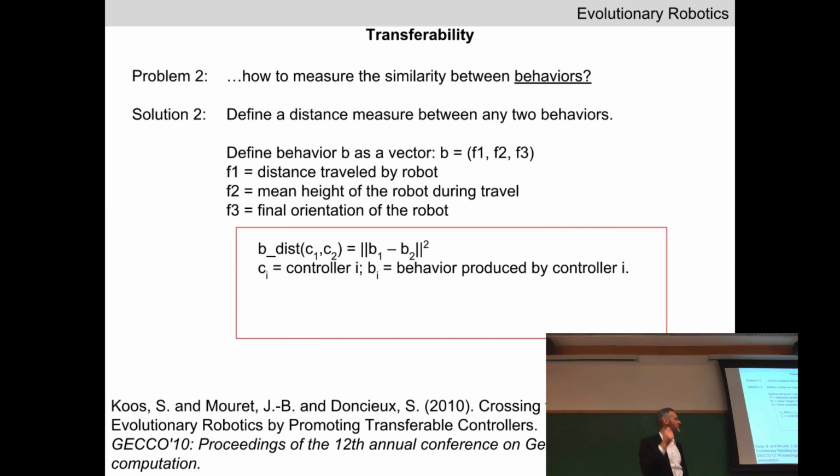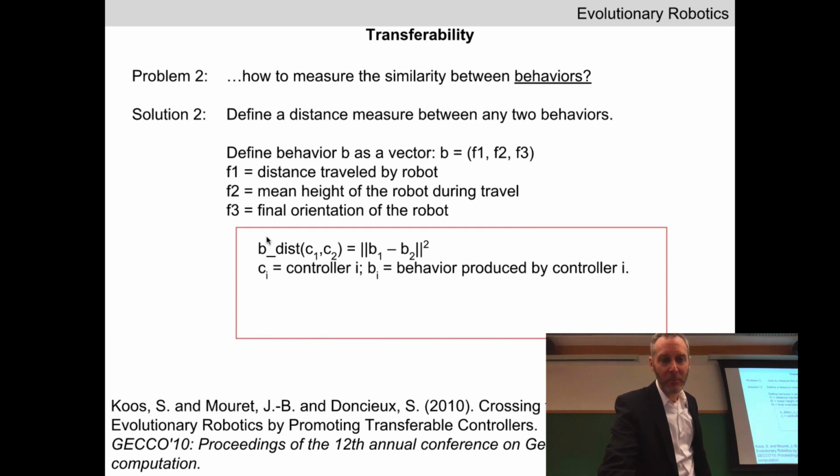So for each single controller, we can run that controller in simulation and get back these 3 F values. We can take a second controller, the one we transferred to reality, and compute the 3 Fs for that one as well, and then take the difference, the Euclidean distance, between those 2 behavior vectors, right?